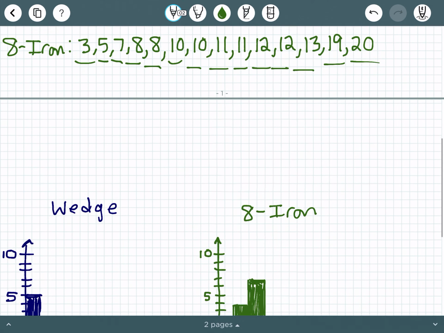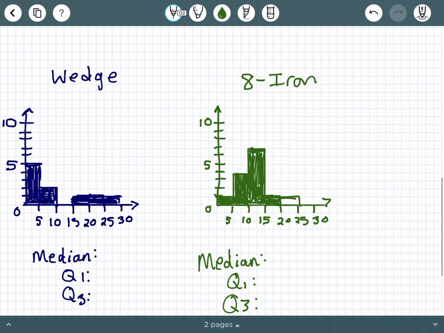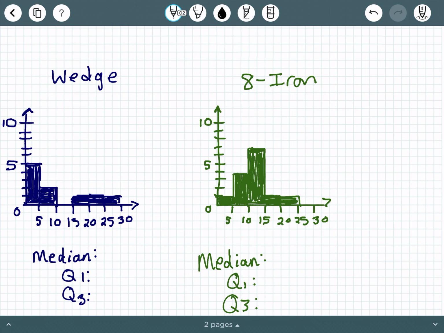We have 1 of those. So we're going to go up to 1, draw that in. So now we're finished with our histograms. I will say they should be labeled, so distance is going to be the x-axis, and the y-axis is going to be frequency.